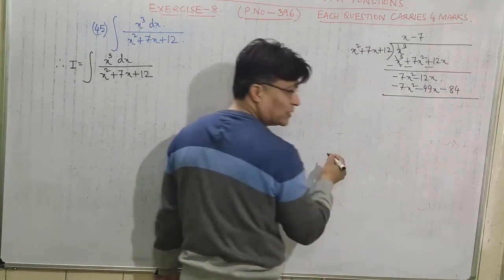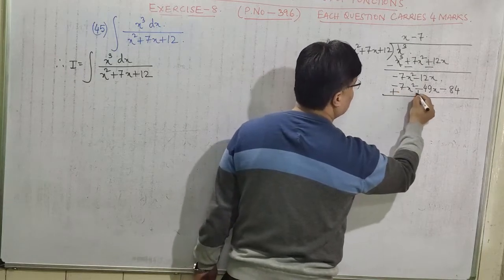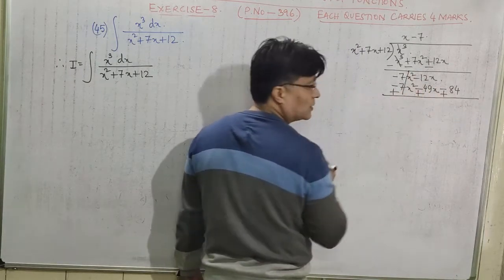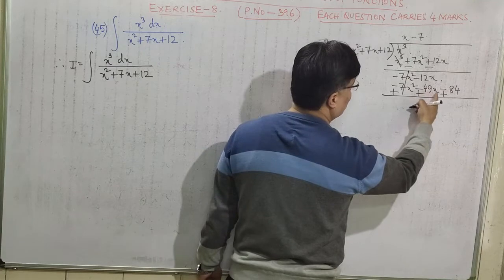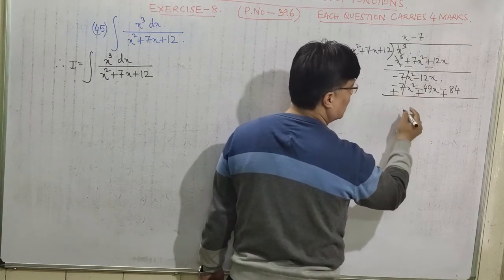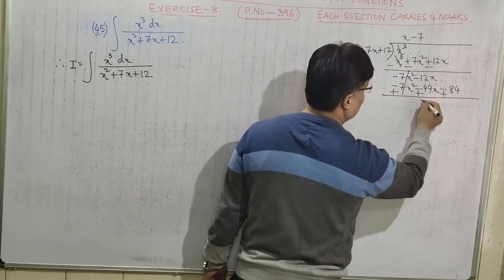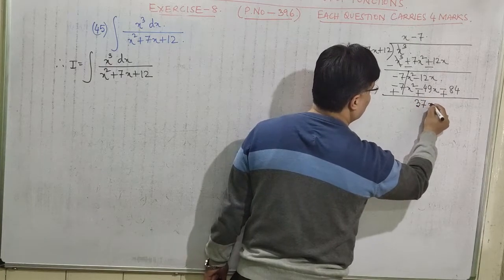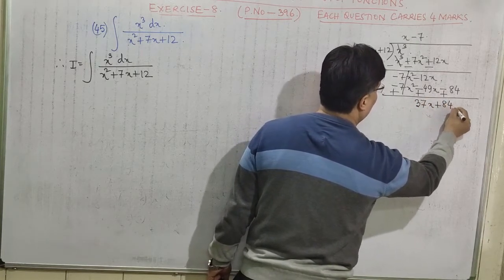Next you have to subtract it, change the sign. This will be cancelled. So plus 49x minus 12x, different sign, you have to subtract it: 37x plus 84.